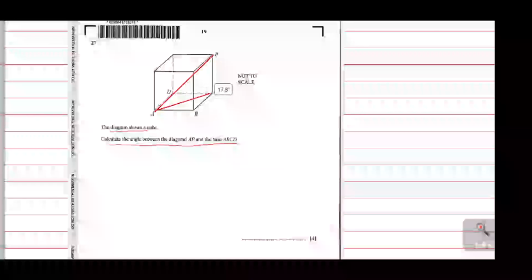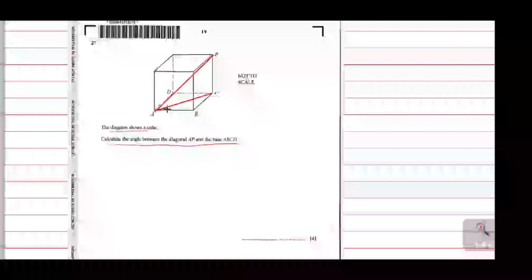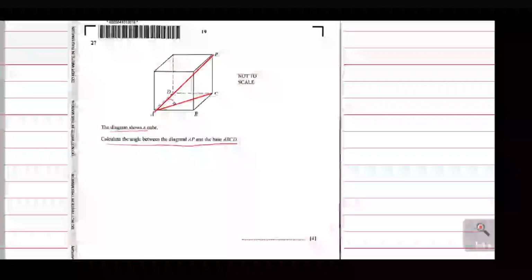To calculate the angle between the base and AP, we will draw a diagonal line in the base ABCD, and we will take this angle between AC and AP. This angle will be equal to the angle between the diagonal and the base.